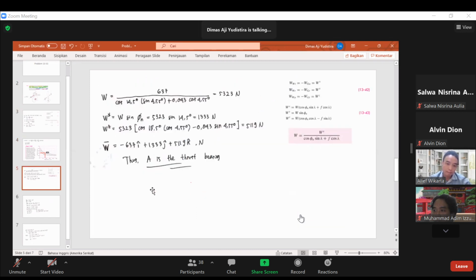Then we can find the force with this equation.